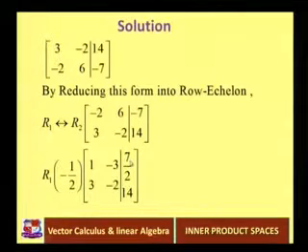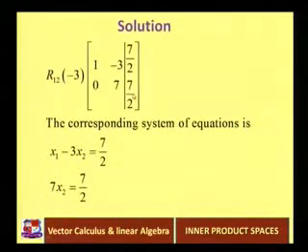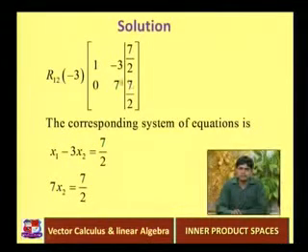Here 7 by 2, multiply this 7 by 2 into minus 3, and the resultant value is minus 21 by 2, and add to 14, the resultant value is 7 by 2. So here the student can easily verify how we converted this entry to 0.